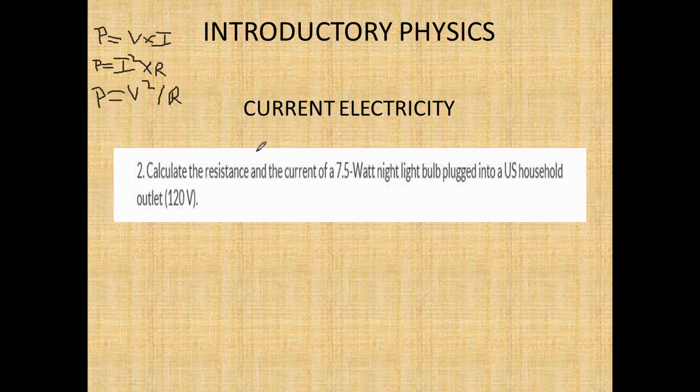Okay, so first you can calculate the resistance. Calculate the resistance and the current of a 7.5 watt night lamp. So the power is 7.5, voltage is 120, and then you can calculate the resistance. So let's plug it in the equation.